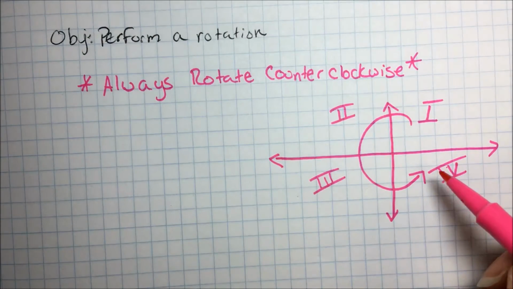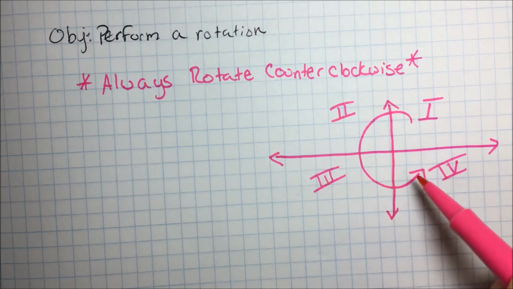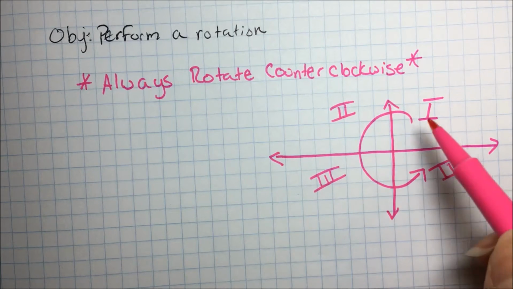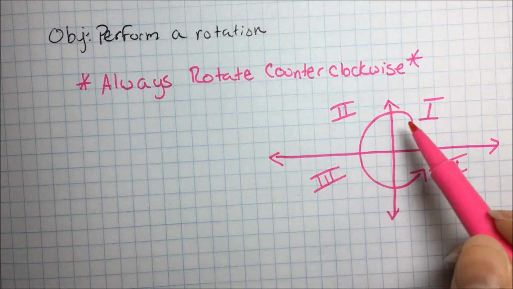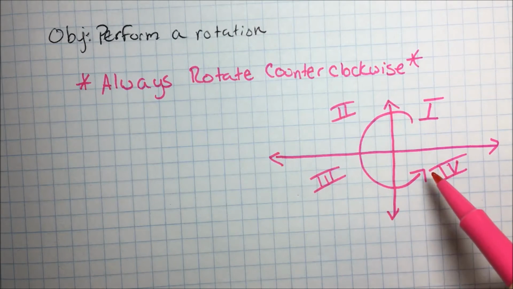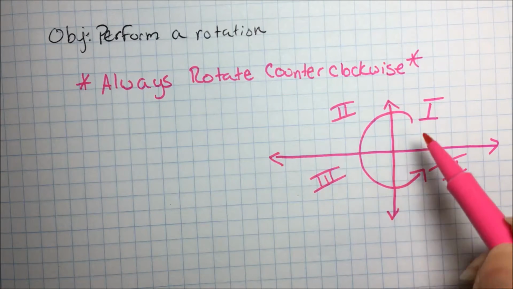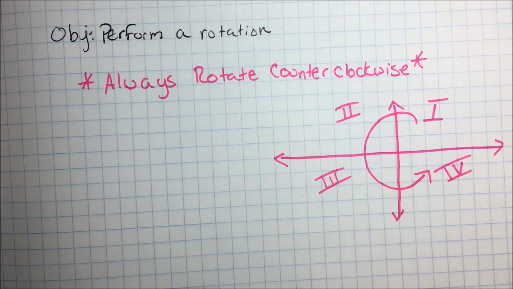I always remembered this because my first name is Chelsea, and it starts with a C, so I make a C on the coordinate grid, or you can make a C for coordinate, whatever you want, but it's always a C for coordinate grid, okay? So we always rotate counterclockwise, 1, 2, 3, 4, so I always go this way around the coordinate grid, okay?